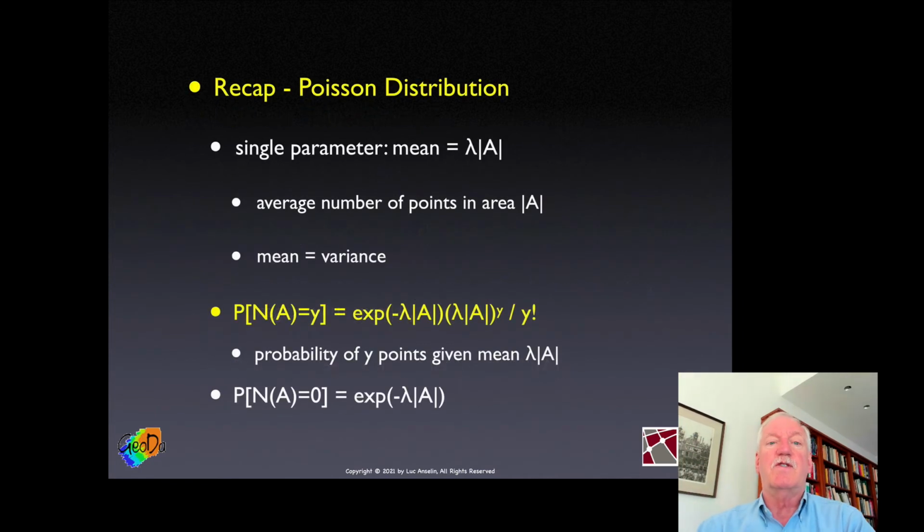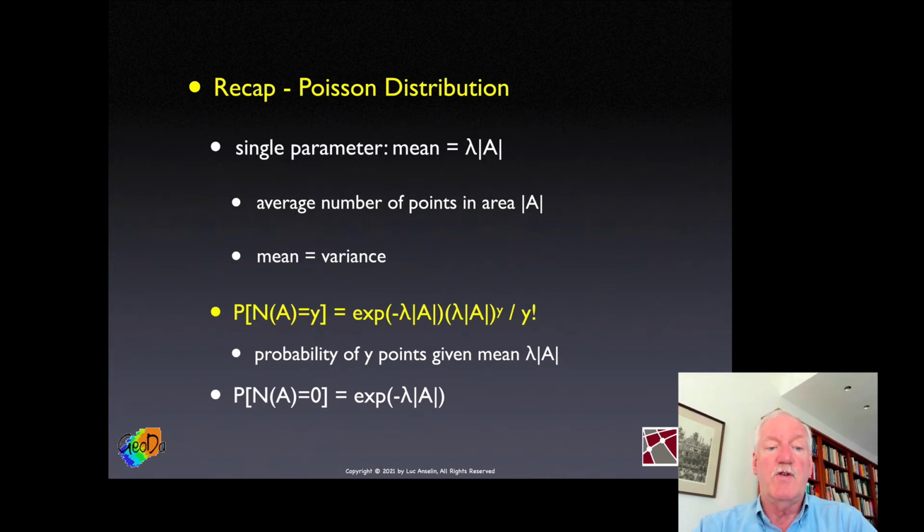And that's the essence of the use of the complete spatial randomness notion. So just to recap, refresh your memory, Poisson distribution, only one parameter, the mean. In our case, that mean will be the intensity times the area, or the average number of points in the area.